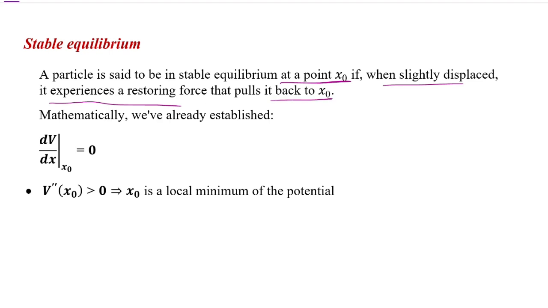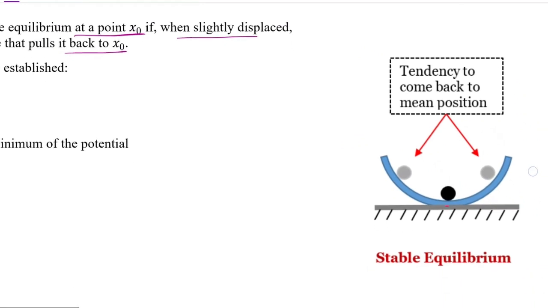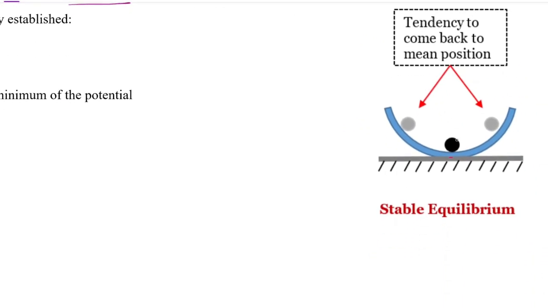original position x0. For example, if you observe a particle at the center of a bowl, represented by point P, and I give a small displacement, what happens? It will go to some extreme position and again come back to the rest position, and similar is the case on this side also.